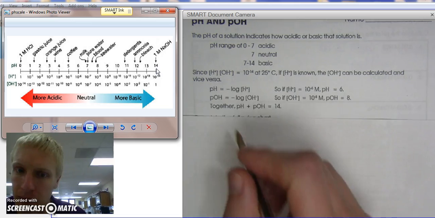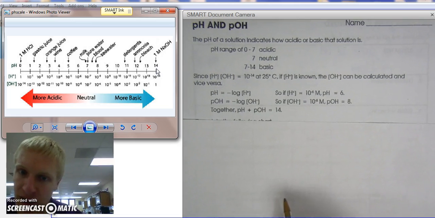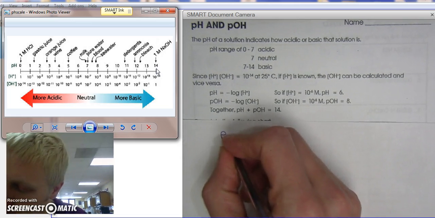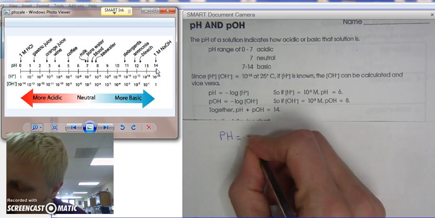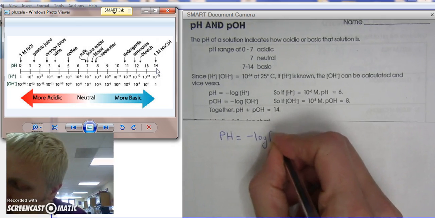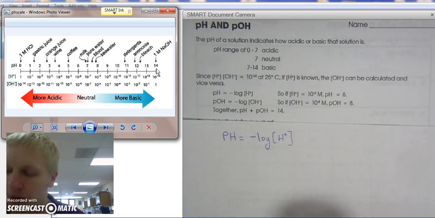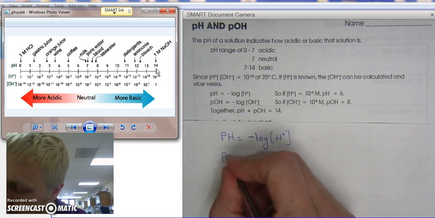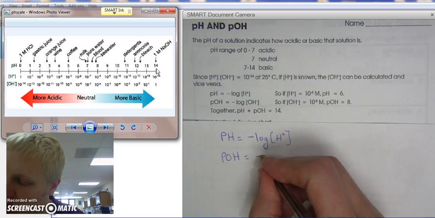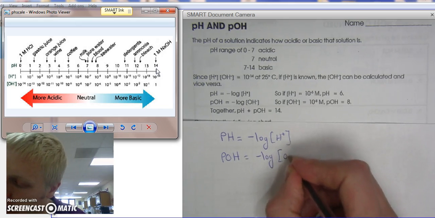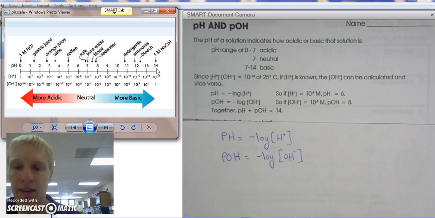Alright, so there's some equations. They have it on this nice little sheet that we have, but I'm just going to rewrite them. If you want to find the pH, the equation is negative log of the H plus concentration. If you want to find the pOH, it's very similar. It's the negative log of the OH minus concentration.